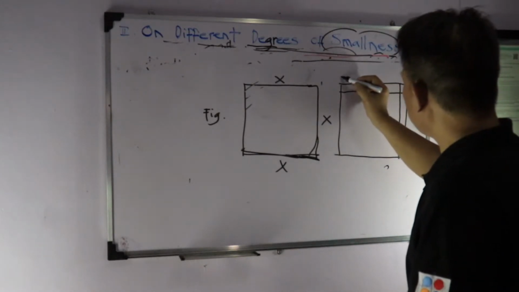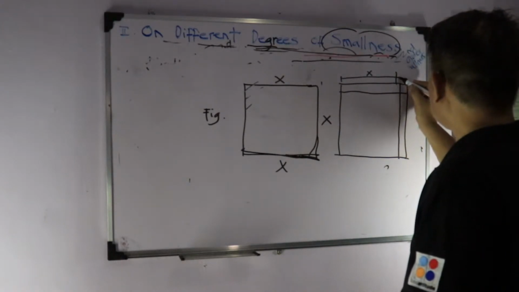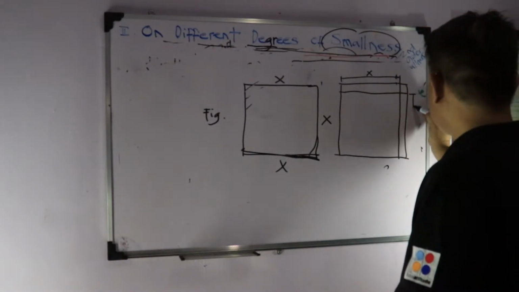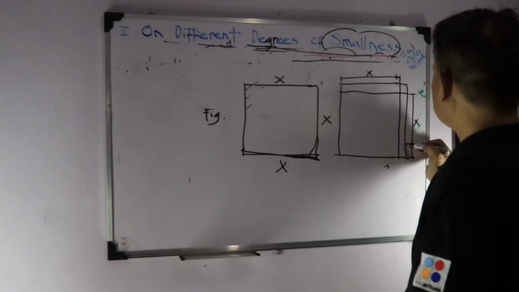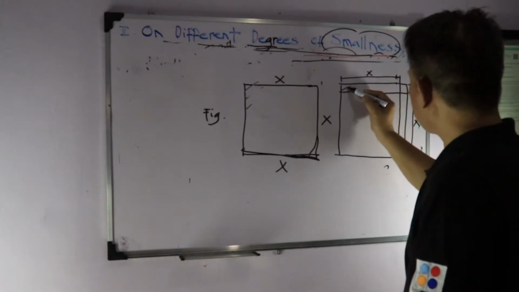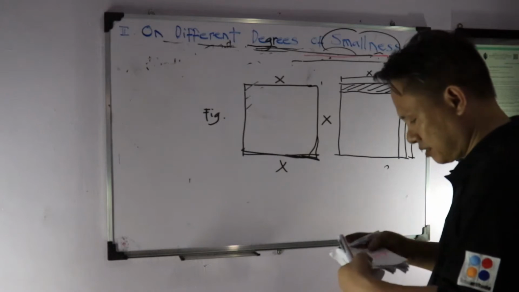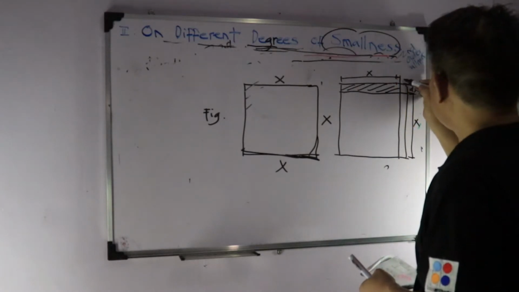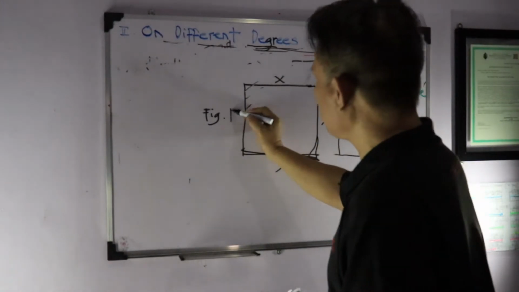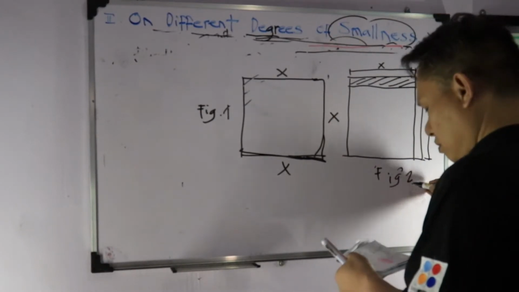So for example, this is x, and we have also x here, and these are small portions that would be dx, and this would be dx also. So this is in figure 1 and this is in figure 2.